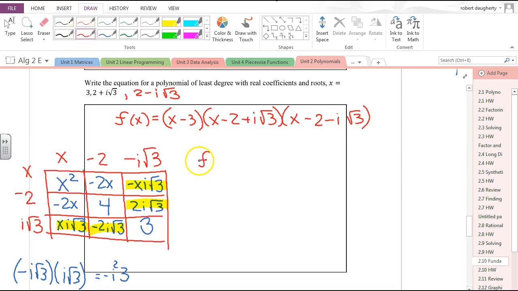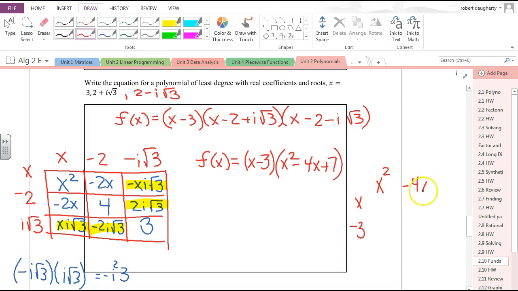I've got f of x equal x minus 3 times x squared minus 4x plus 7. Yeah, plus 7. Ooh, nice. What do I do now? Now suddenly this looks like an easy problem, okay? So it's x minus 3, x squared minus 4x plus 7.